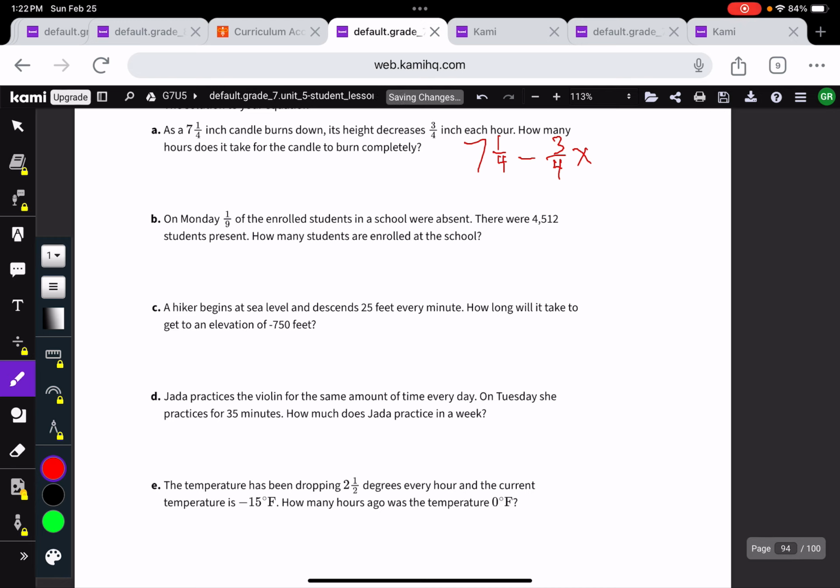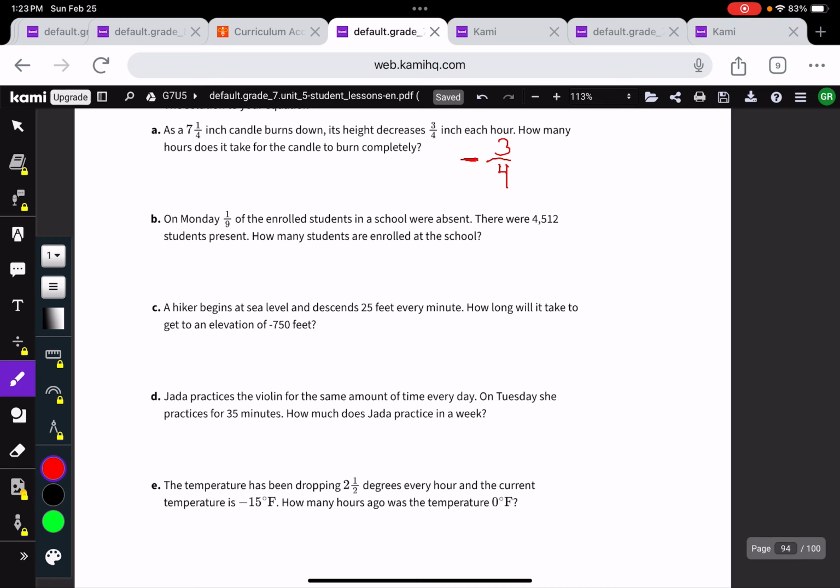That's kind of what the equation is, but I'm going to rewrite this a different way. It's going to mean the identical thing, but technically when we write it like this, it makes it easier to solve. A candle is decreasing 3/4 of an inch per hour. I guess we should maybe make this negative, but we'll see.